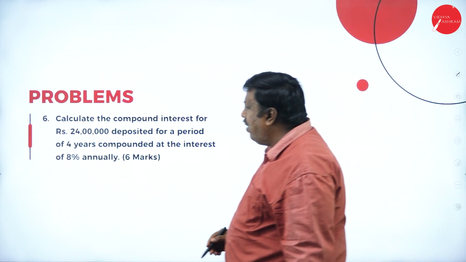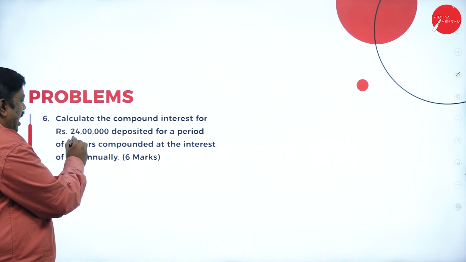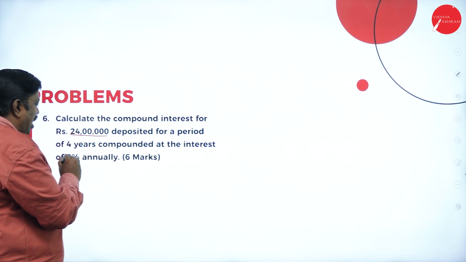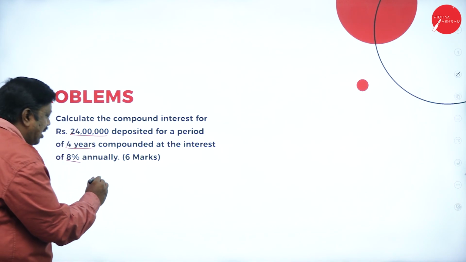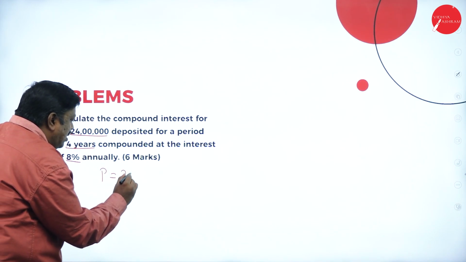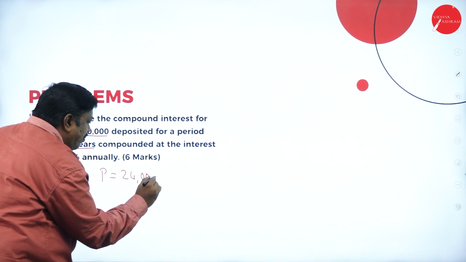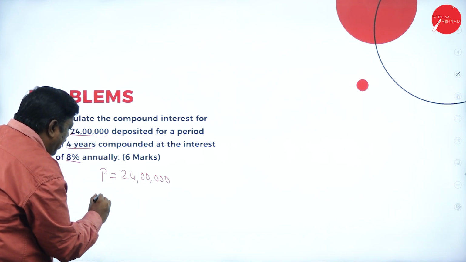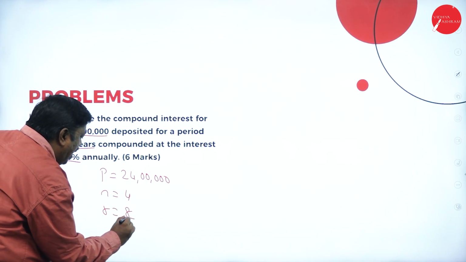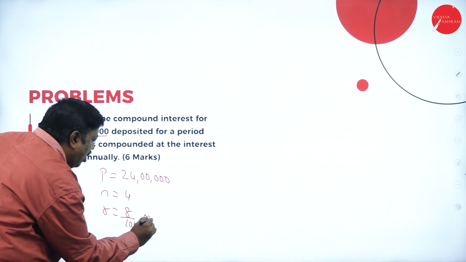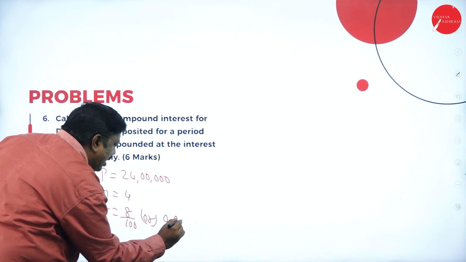The next one we have here, the sixth problem. The amount we are depositing is 24 lakh, the period is 4 years and the rate is 8%. So principal amount is 24 lakhs, period will be 4 years, R will be 8 by 100 or 0.08.